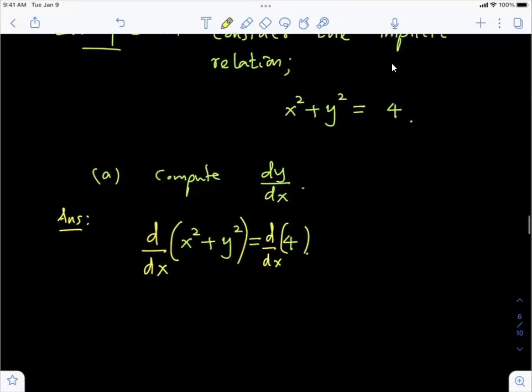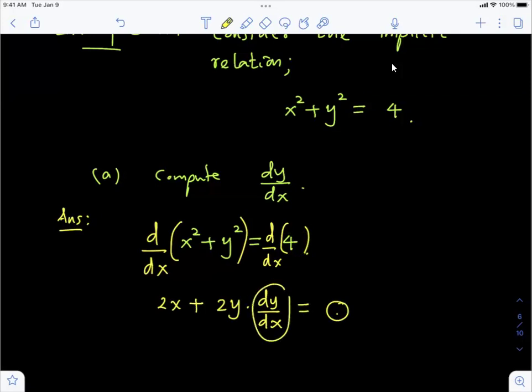Now, you will be surprised how easy this process is in this occasion. The derivative of the first component with respect to x is just 2x, plus, with respect to variable x, the derivative of y square will be 2y times dy dx. That counts for the change of the variable. In the right hand side, you have a constant, and when you take the derivative, it becomes just 0. That's it.